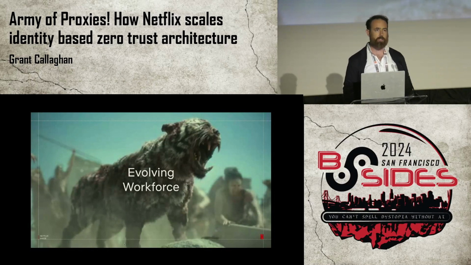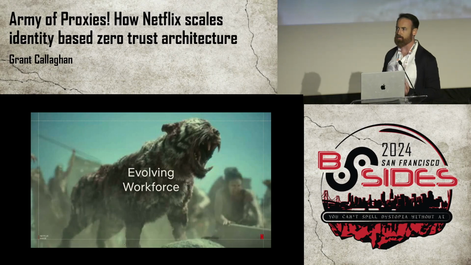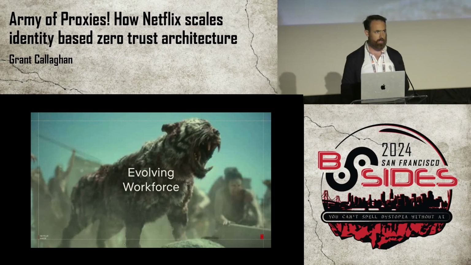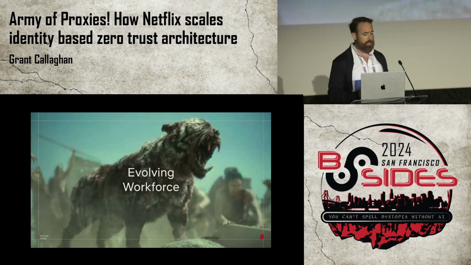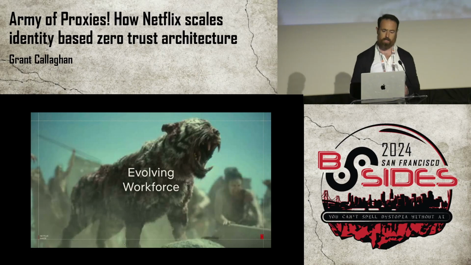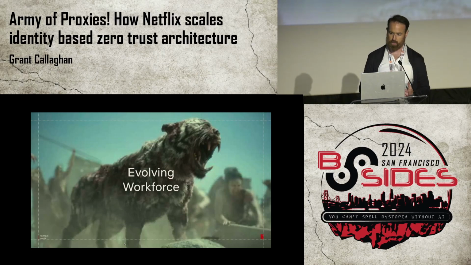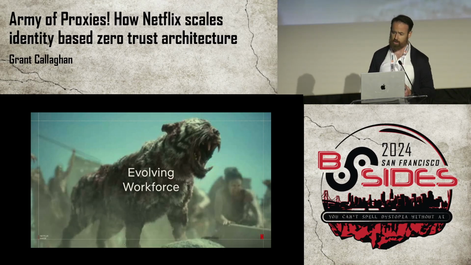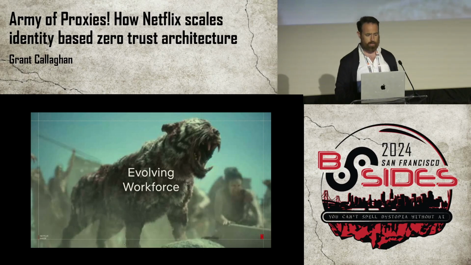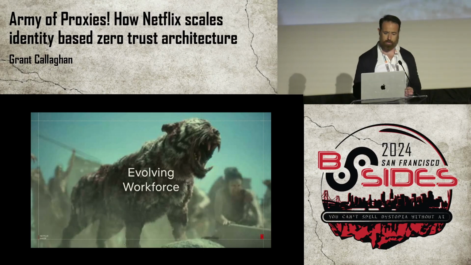And the reason we had to do this is because of our evolving workforce. So Netflix is no longer primarily a streaming-only engineering-focused organization. Today we have quite a variety of audiences that interact with Netflix for business processes. Netflix Studios is one of the largest content producers on the planet. Game and animation studios have joined the Netflix ranks, and now live production events.